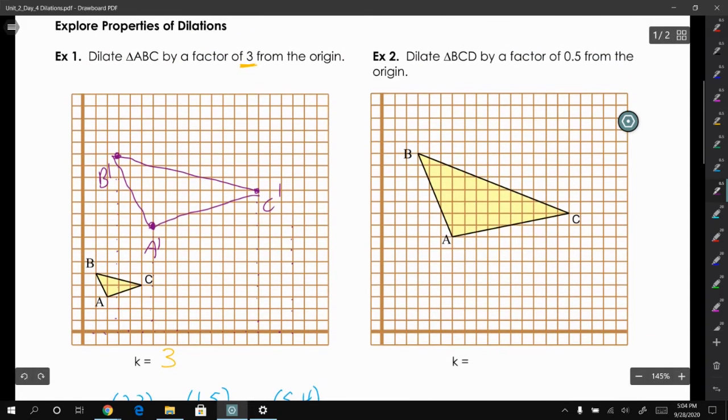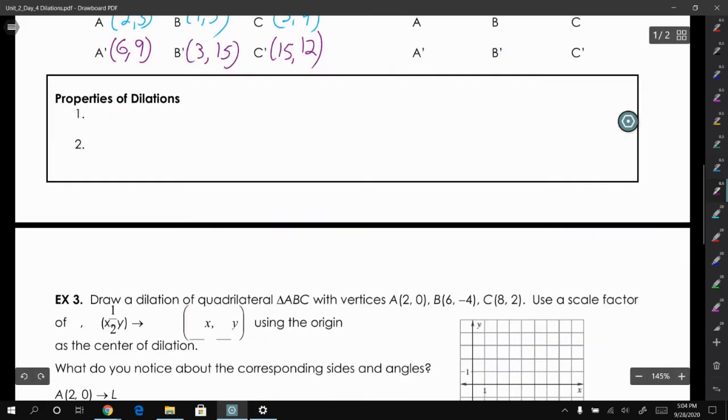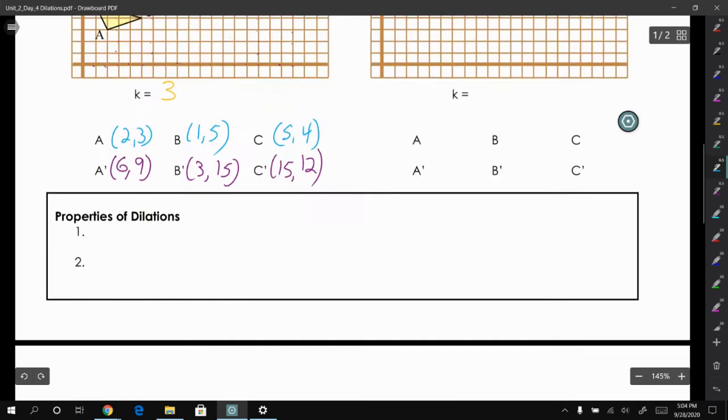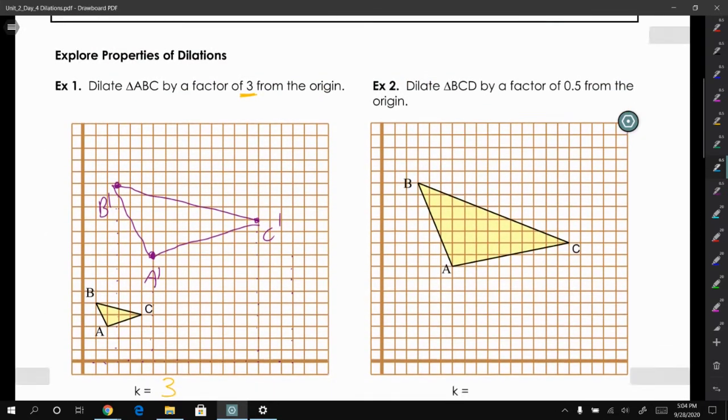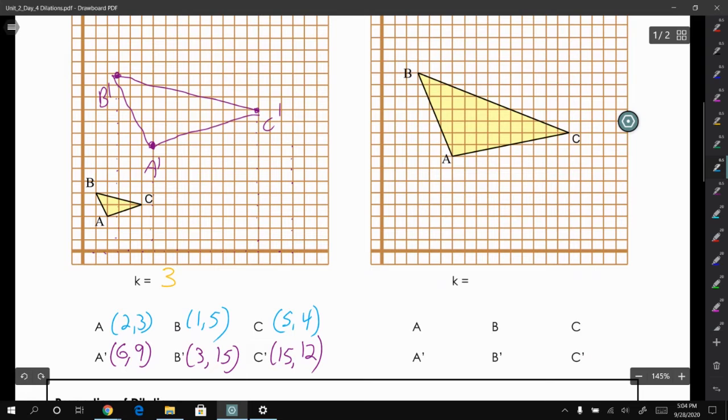Now, a second example, our scale factor is 0.5. So we're going to take these coordinates and multiply them by 0.5.